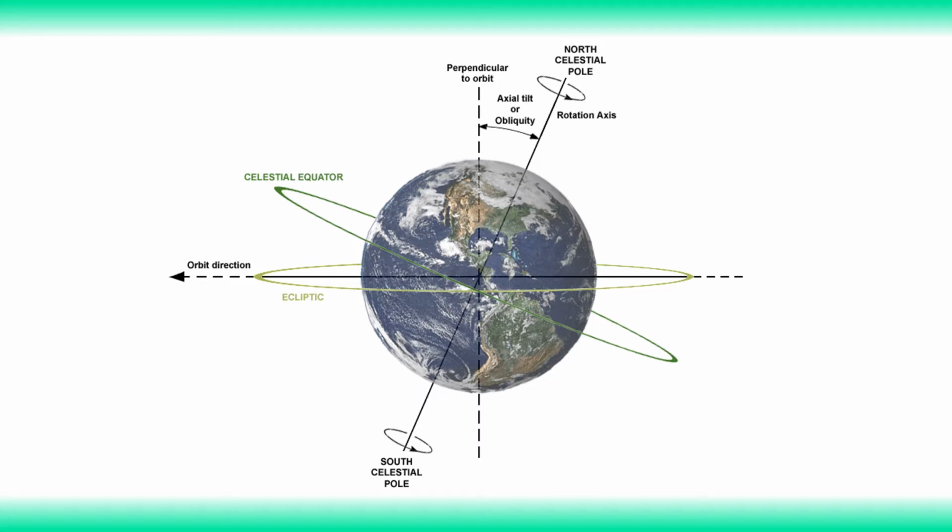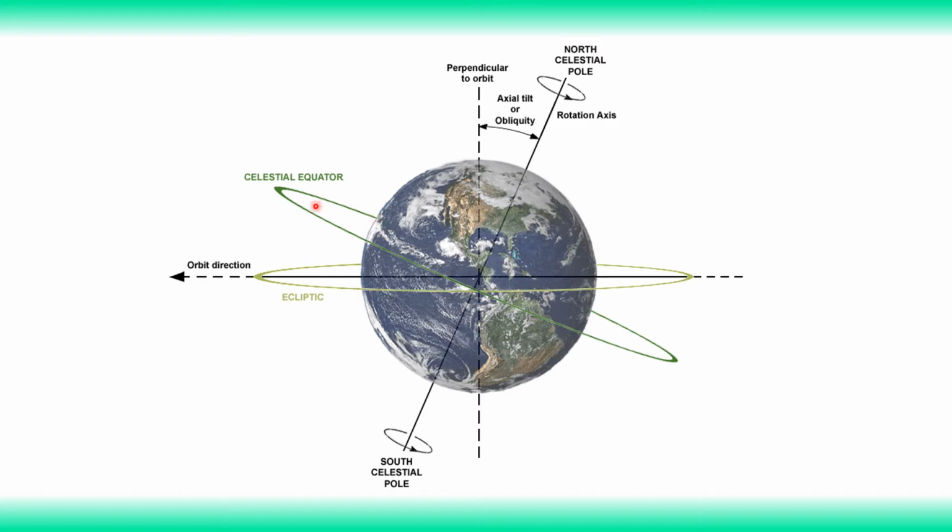Now we're not going to pay a ton of attention to these things up here, the North Celestial Pole. We won't really worry about that too much. We won't worry about the South Celestial Pole. We'll talk a little bit about this ring that goes around the middle called the ecliptic. We also won't worry about the celestial equator, I think, in this lesson.